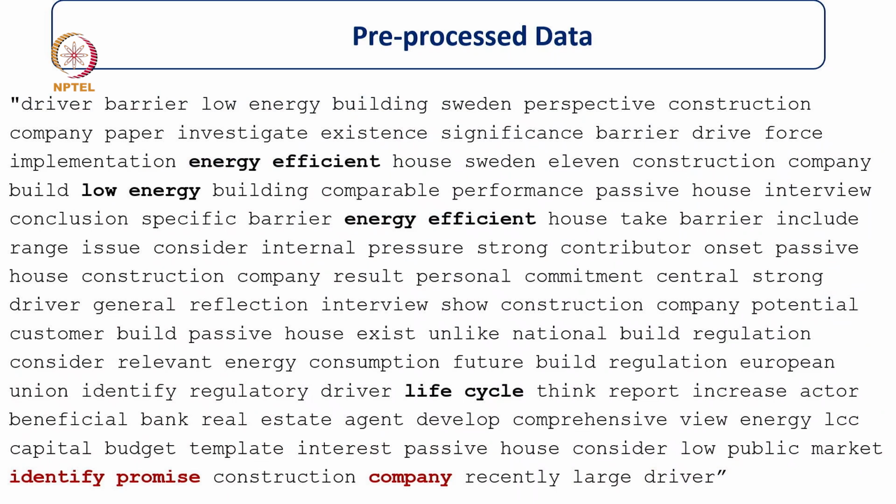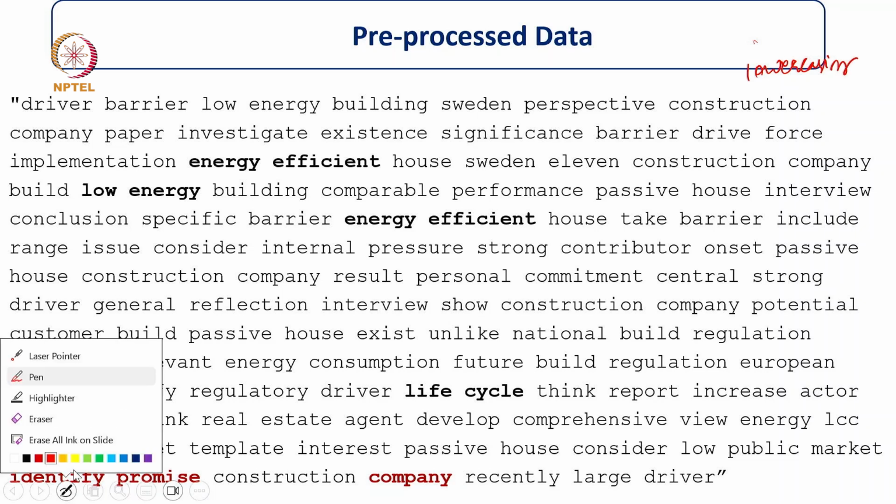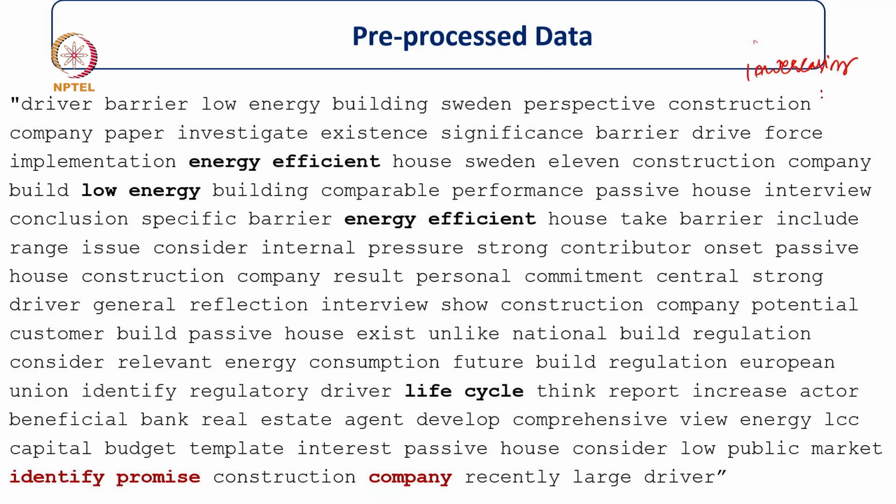So our whole data set is in lower case, so lower casing is done. Then we have removed the punctuation also. While removing the punctuation, we have maintained low energy, or this one, energy efficient. Earlier dashes were there, but now those dashes have been removed and we have a white space.